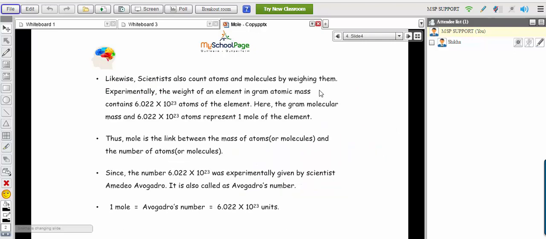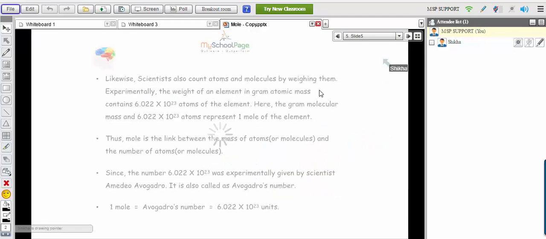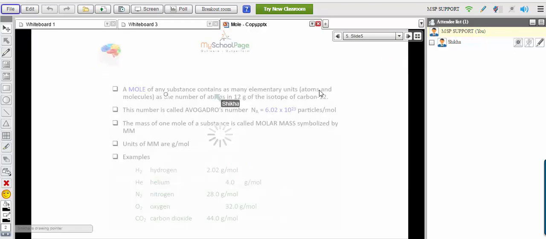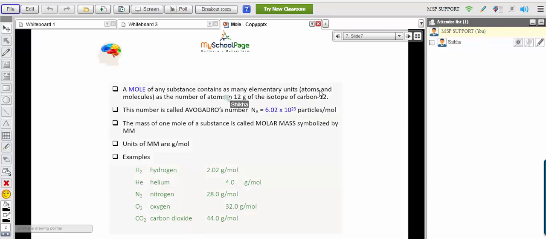If we speak about the link between the mole and the mass, then a mole of any substance contains as many elementary units as the number of atoms in 12 grams of the C12 carbon isotope. The number is also called Avogadro's number. This 1 mole is equal to this many particles. The mass of 1 mole of a substance is called the molar mass.